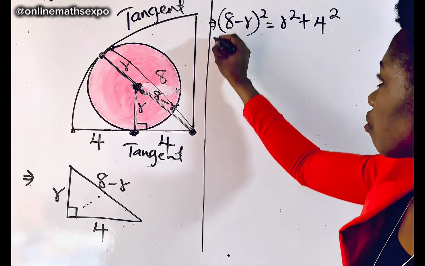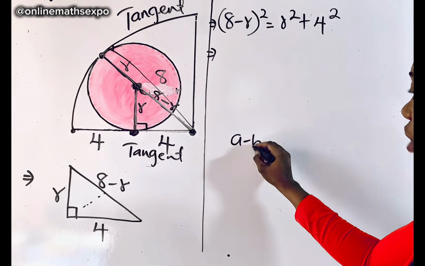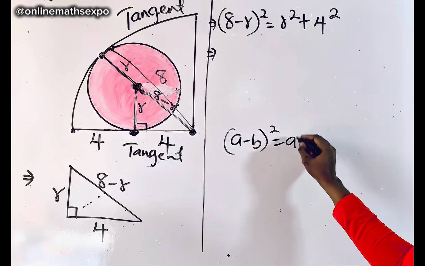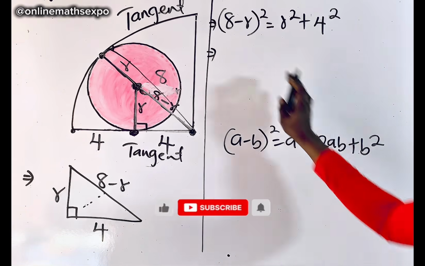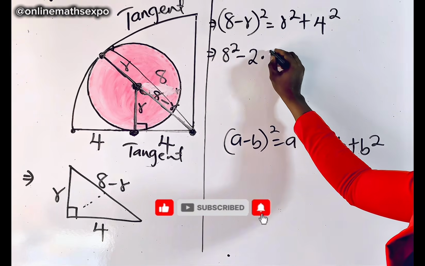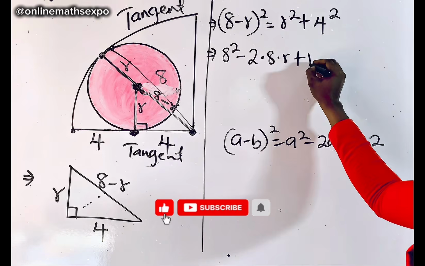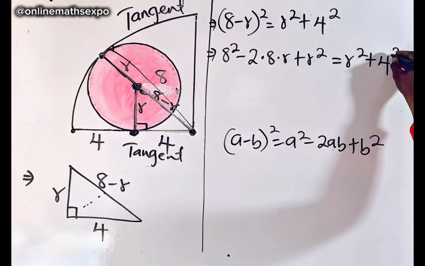To expand this, just remember, for every a minus b squared, it's always a squared minus 2ab plus b squared. So if you apply it here, it gives you 8 squared minus 2 times 8 times r plus r squared is equal to r squared plus 4 squared.